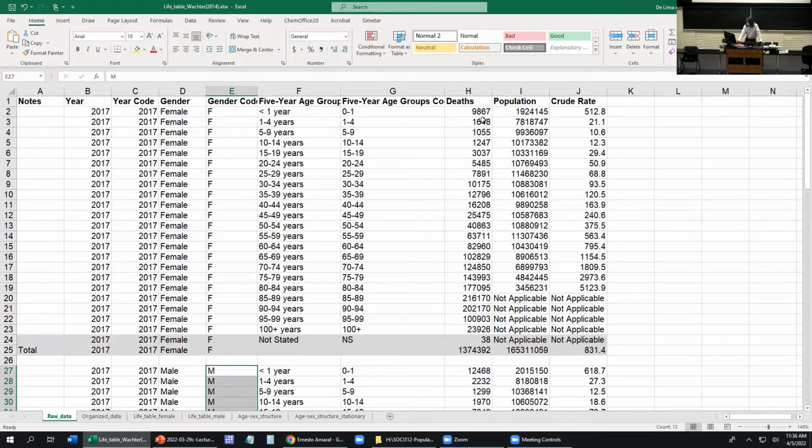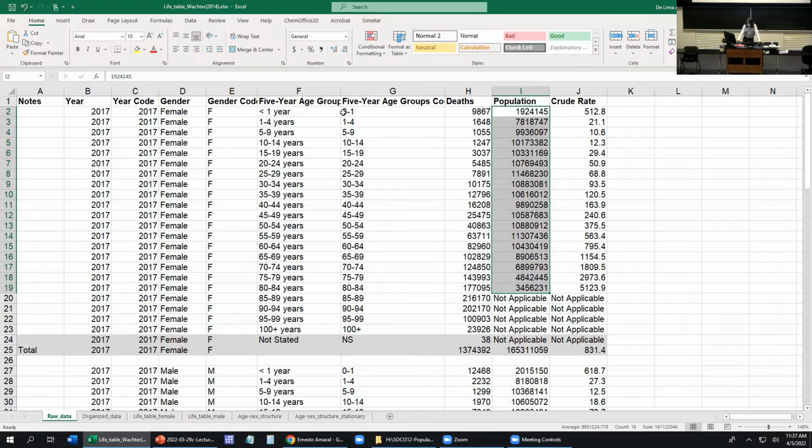The data on deaths is more detailed in terms of age group. It goes until 100 plus, but the population in this case just goes until 80 plus. So in the life tables that I will be doing now, the last age group will be 80 plus because of the data availability, okay?